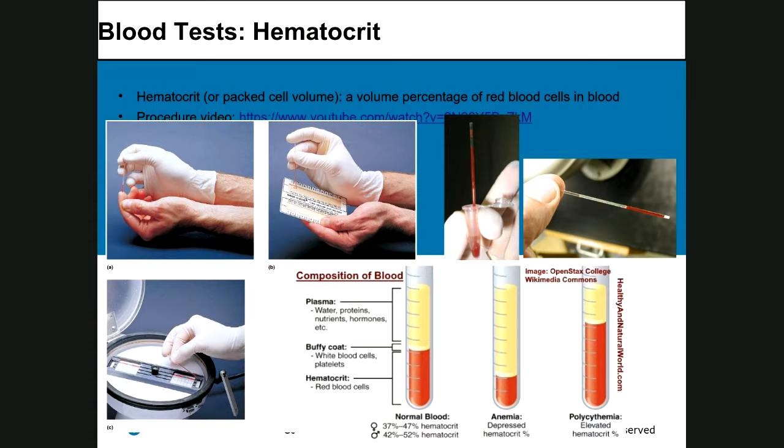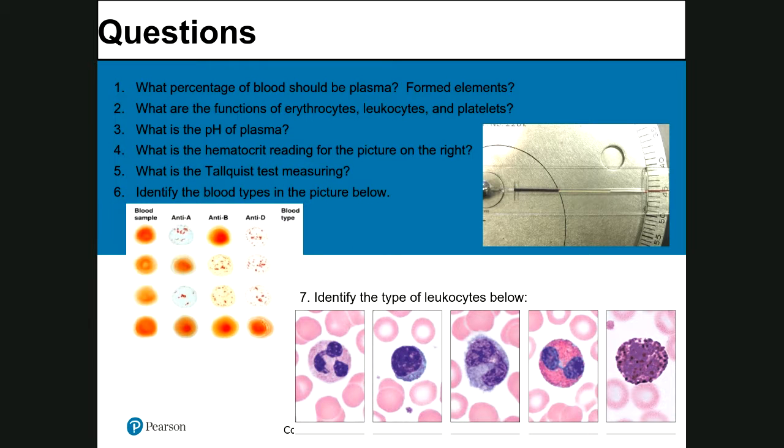And in the hematocrit reader, when you put your centrifuged capillary in, you can read exactly how much percentage of red blood cells you have.